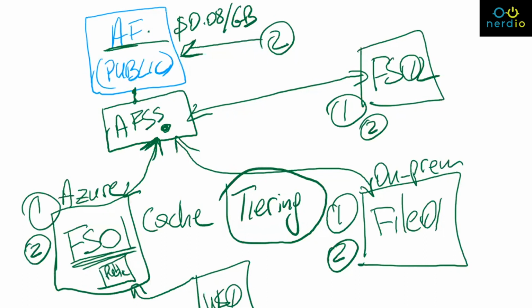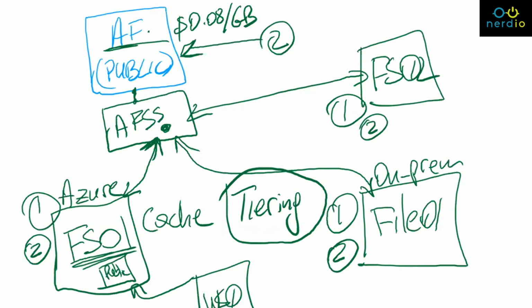When I double click on a file, that file most likely isn't going to be on this FSO1 yet. It is going to be only in Azure Files. So what's going to happen is FSO1 is going to request that file and it is going to get downloaded, stored locally, and then passed down to WS01.